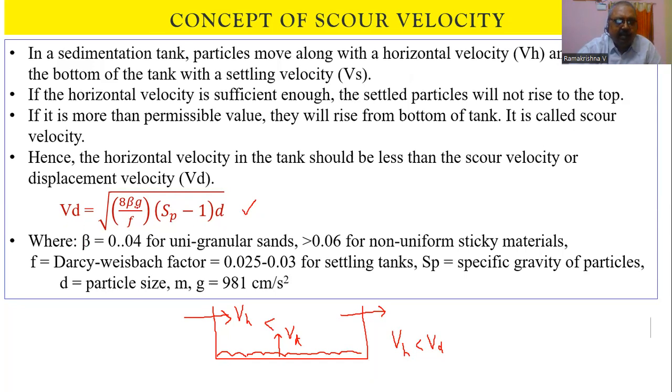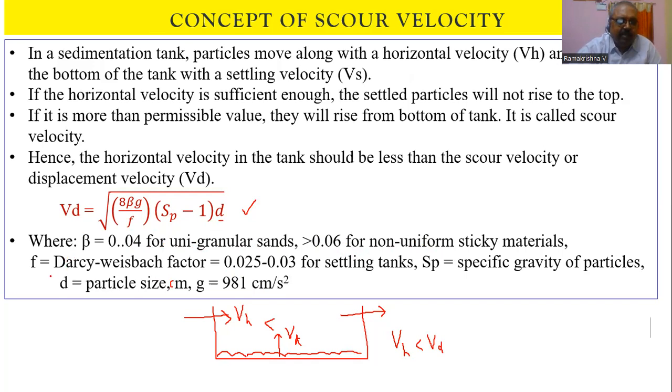VD is equal to the square root of 8 beta g by f into (Sp minus 1) into d, where d is the diameter of the particle. We are writing it in centimeters, and this should be in centimeters here. Sp is the specific gravity of the particles, g is the acceleration due to gravity in CGS units, and f is the frictional factor. Beta is another factor here, 0.04 for unigranular sands and greater than 0.06 for non-uniform sticky materials.